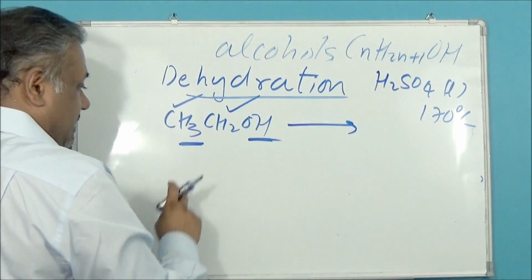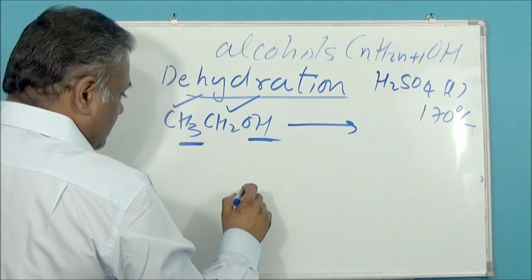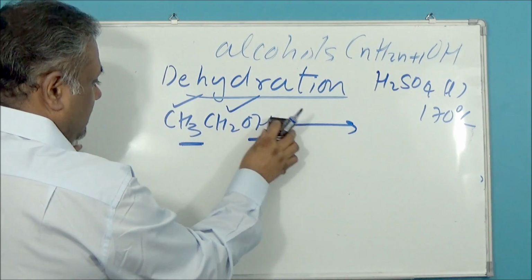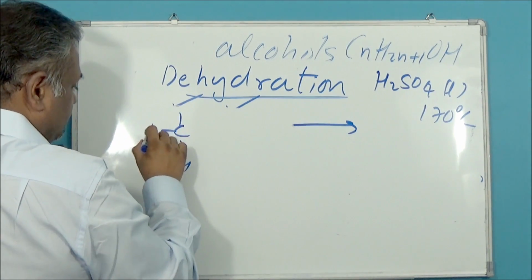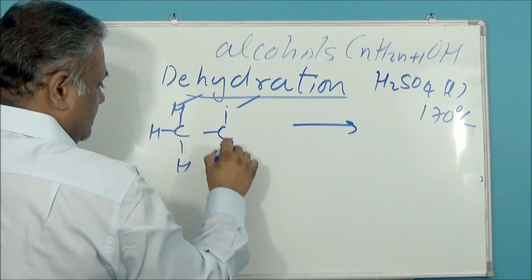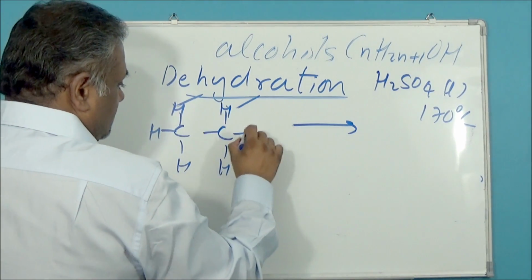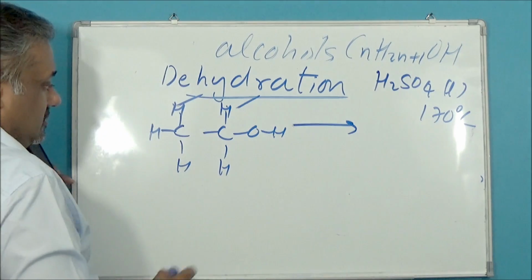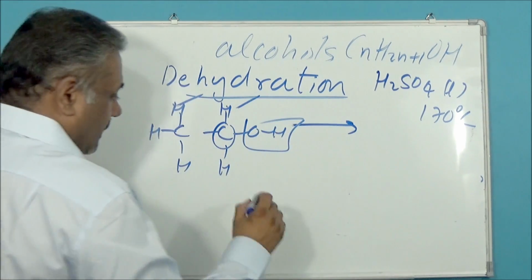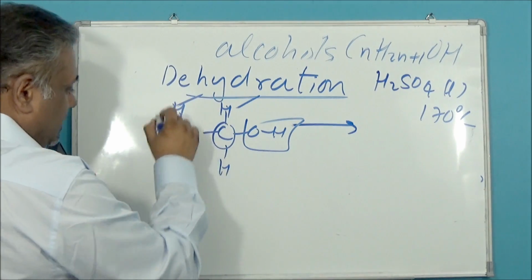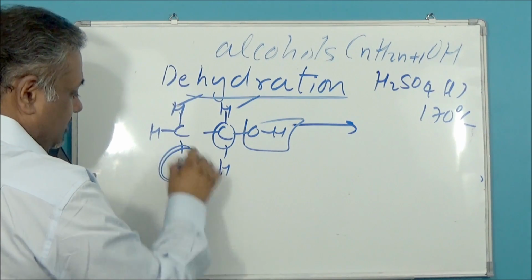So OH will go from there, H will go from there. If I use display formula, it will be easy for you. That's CH3, that is CH2OH. Remember, this carbon will lose the OH, and this carbon here will lose any one of these H's. So I'm removing this H here.